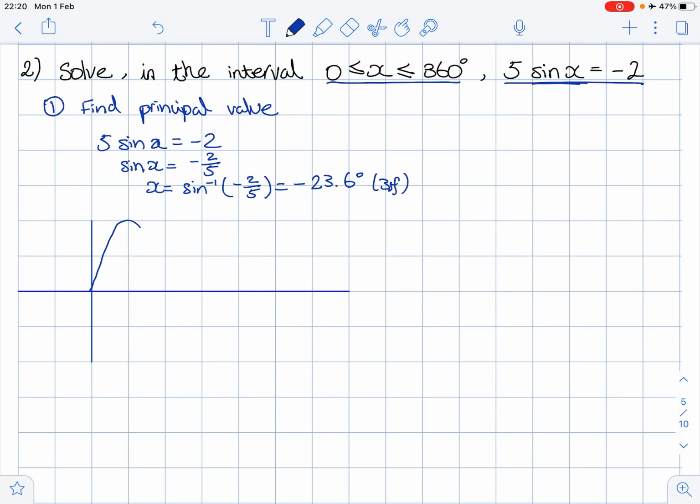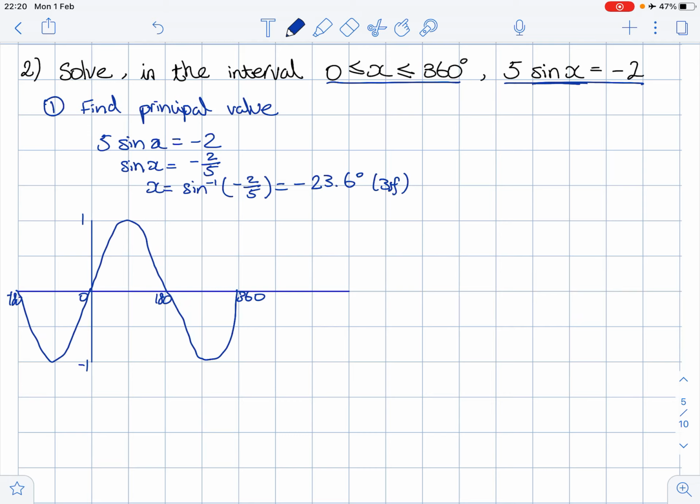Your sine always starts from 0, goes up to 1, then goes down to 0, then minus 1. So here's a sketch of my sine curve. It intersects 0 at 180, 360, and minus 180. The maximum it goes to is 1, and the smallest value it goes to is minus 1.